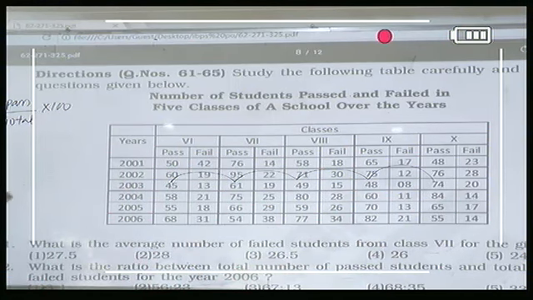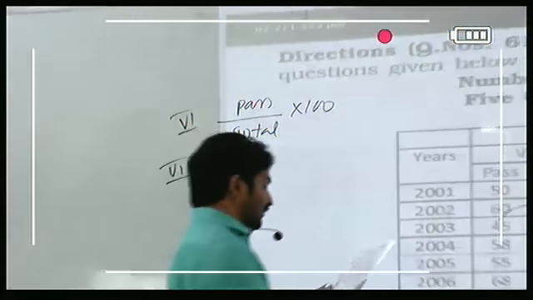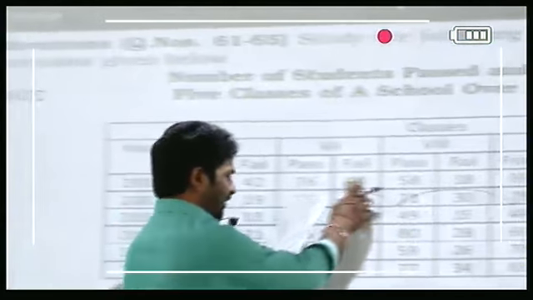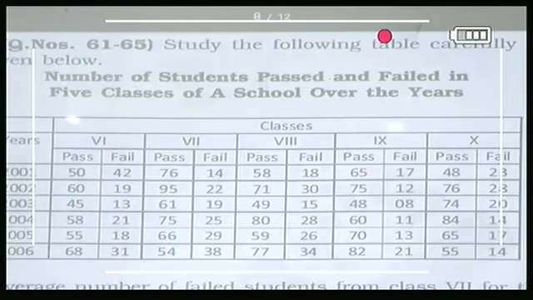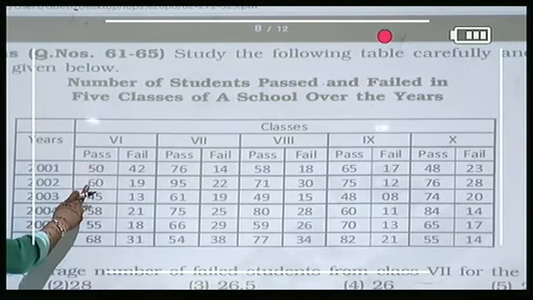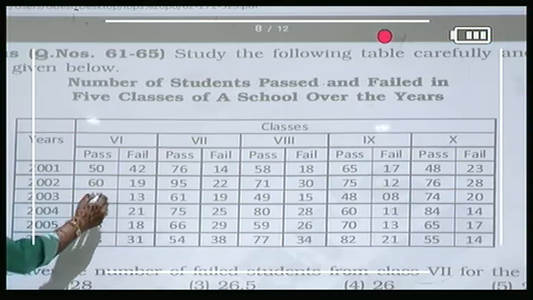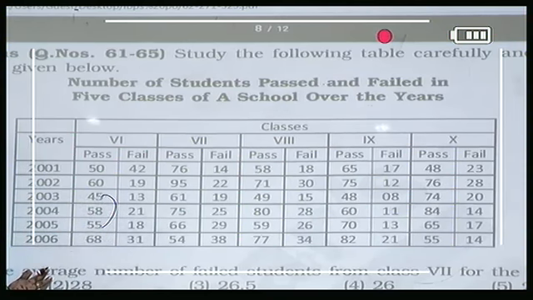What is the next question? 65. What is the total percentage of passed students of 6th class from all the given years together? 6th class. Pass percentage, right? 50, 110, 150, 200, 250, 310, 320, 336.